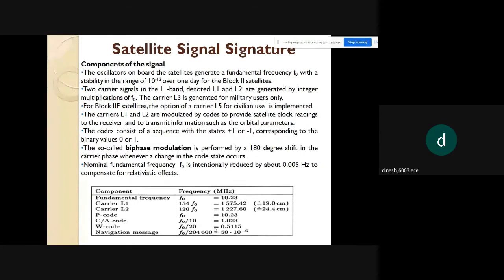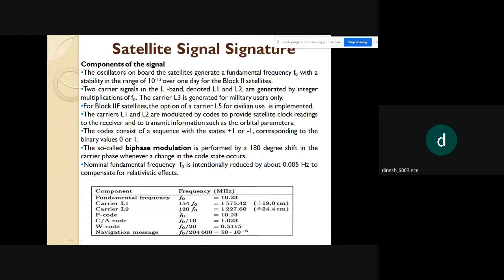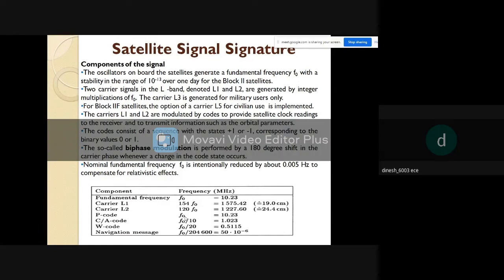So this L1 will give you approximately 19.0 centimeter accuracies, and L2 24.4 centimeter accuracies, and for this the precision code frequency will be 10.23. The C/A, coarse acquisition code, will be f0 by 10 because the P code is 10 times faster. So if I want the C/A code, it should be divided by 10, so we will get 1.023.